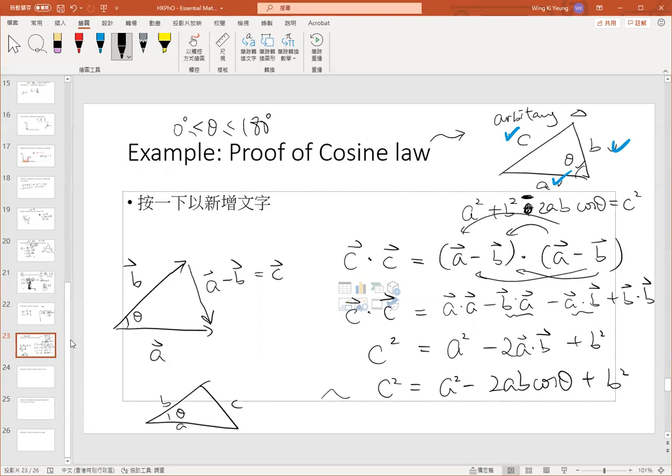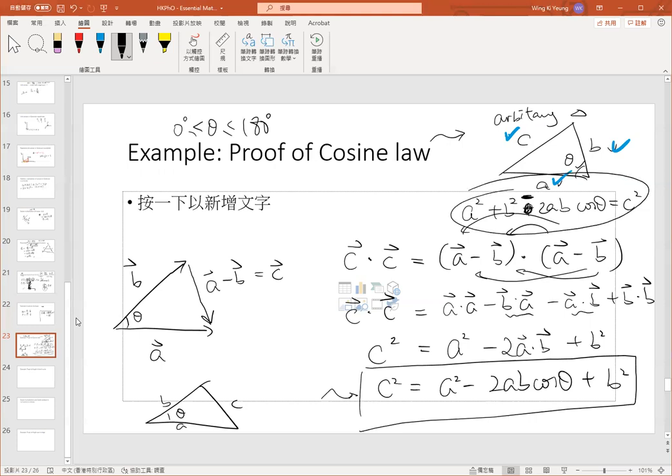So this is final. This is how we prove the cosine law. We have proved it using vectors. Very simple, isn't it?